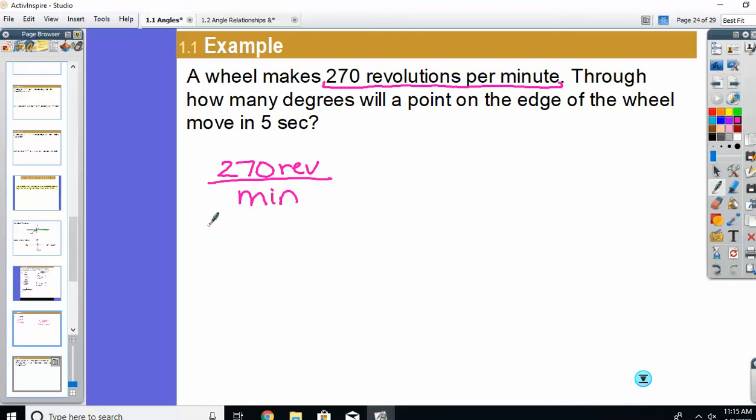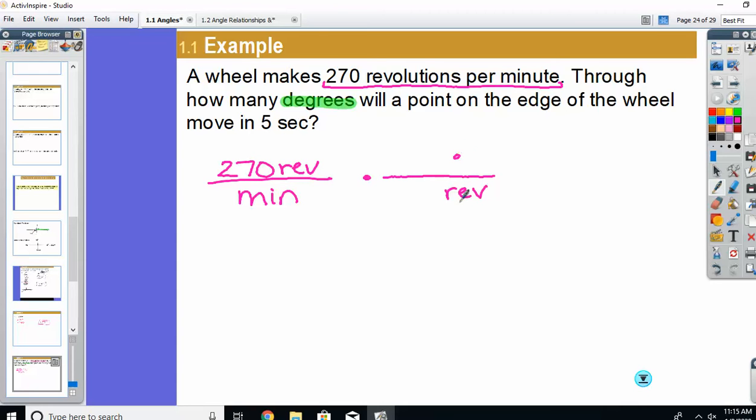I am trying to, first of all, change this to degrees. So I'm going to multiply by another fraction. I want to get rid of my revolutions. It's on the top, so if I want it to cancel, it goes to the bottom.